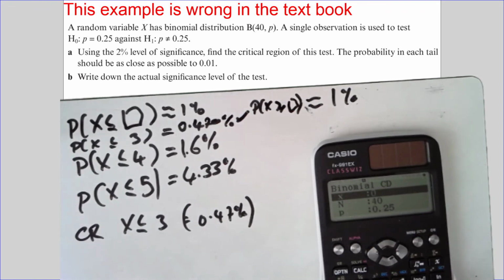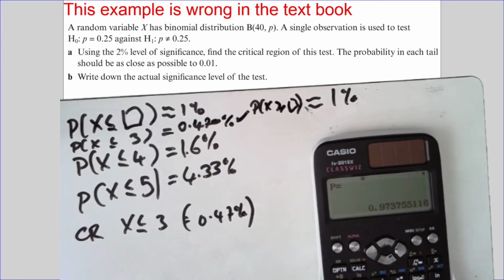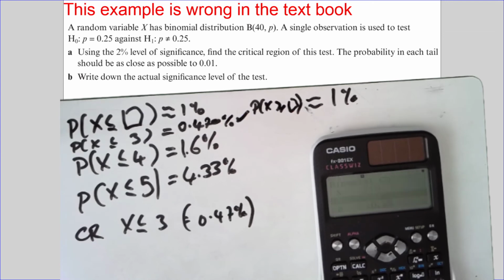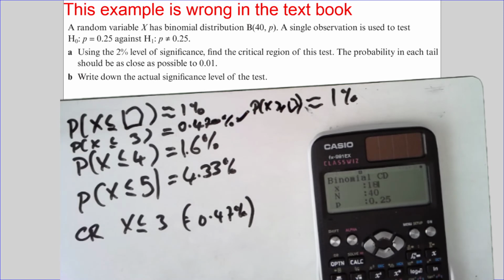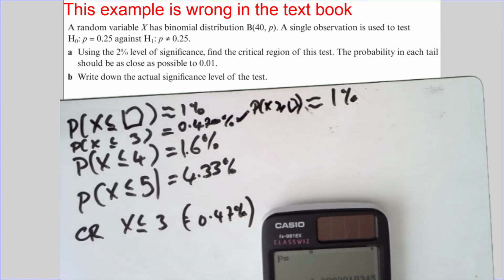If I try 12, that's miles away. 15, 0.97. 19, that's a bit far. 17, 0.95. 18. Okay, so 17, 18, somewhere around here.